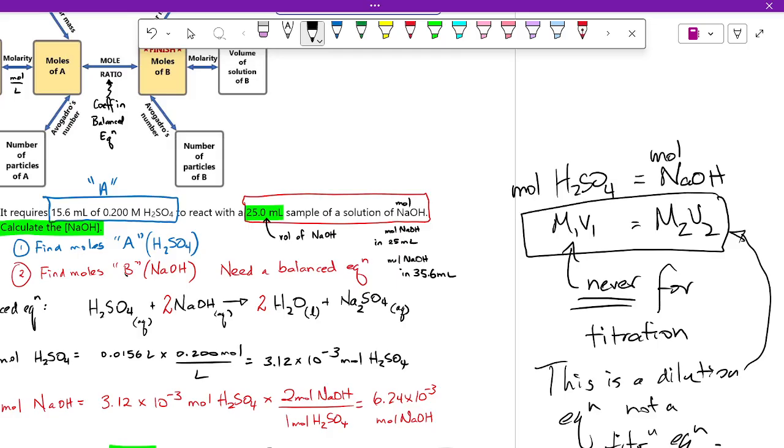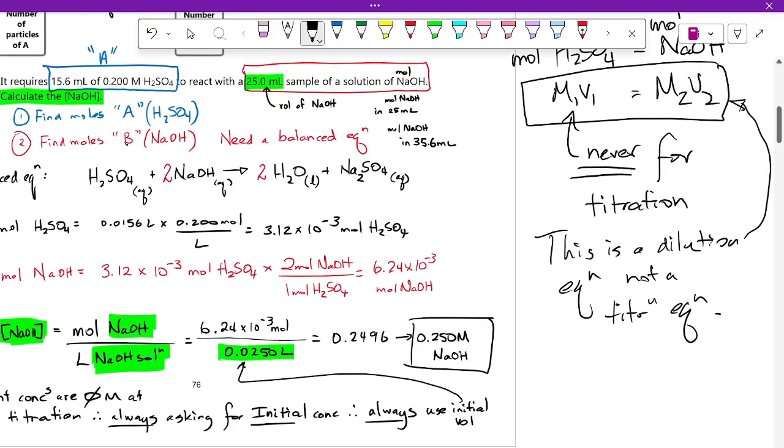But it's only going to do it if it is 1:1. And you'll start thinking, oh, this is great, I will always use this, and half the time you'll get it wrong. So just don't use it ever for titration and you will be safe, okay?